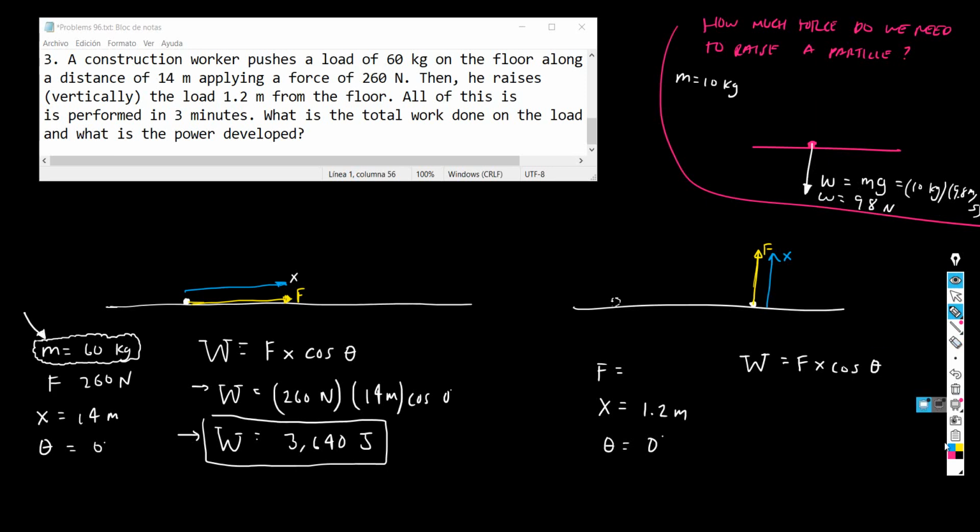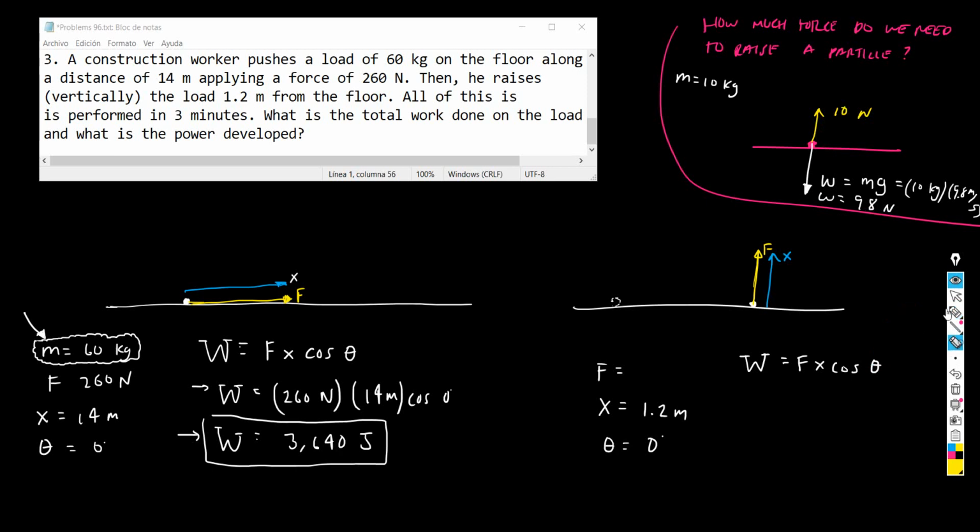And if you want to lift it, guys, if you want to raise this particle so that it starts moving upwards, you need to apply at least as much force as its own weight. For example, if you apply just a force of 10 newtons upwards, then the particle will remain in its place, because the force that you're applying upwards is less than its own weight.